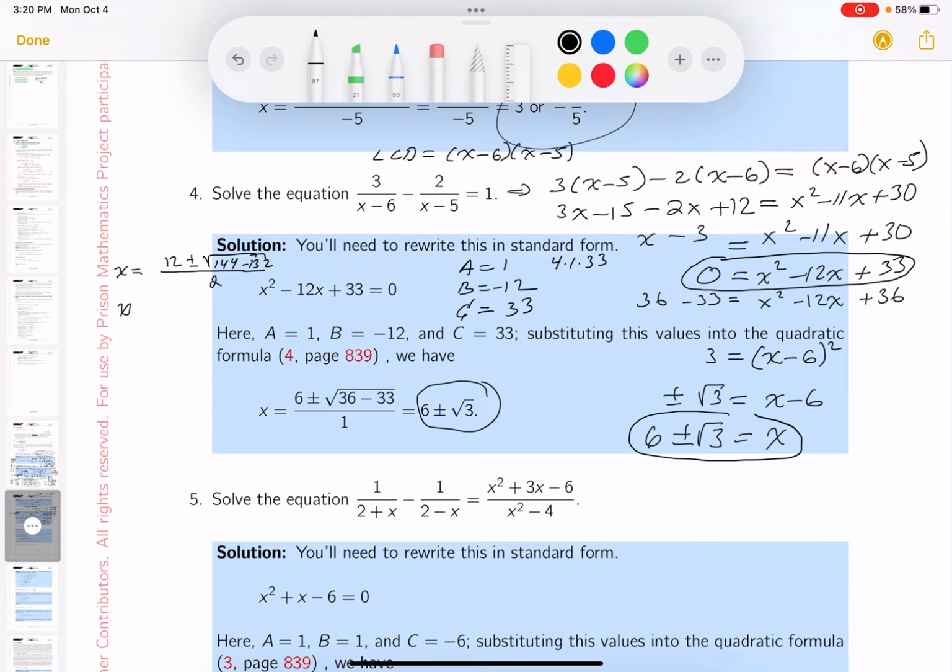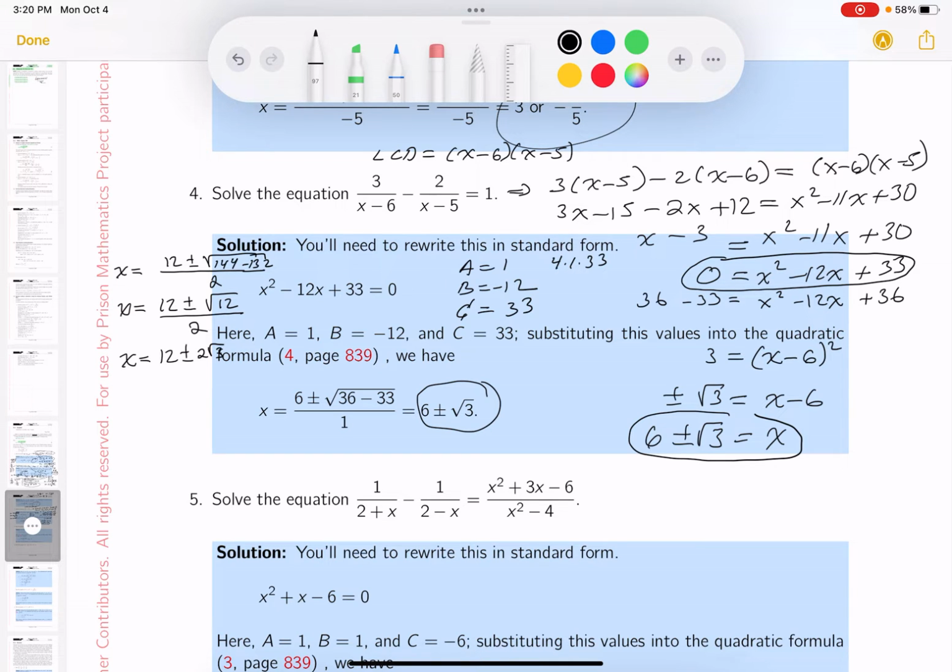So it's going to be X equals, that's one reason I don't like the quadratic, it's just too much work. Let's see, 144 minus 132, that's going to be 12, right? Over 2, I got to keep going. 12, well, the square root of 12 contains a 4, so that's going to be 2 root 3s.